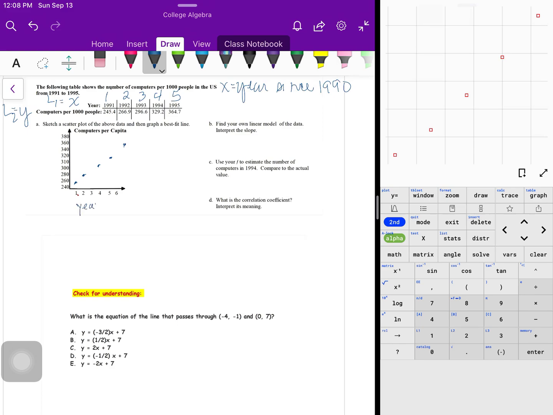And my X's were the year since 1990. And my Y's were the computers per 1,000 people.